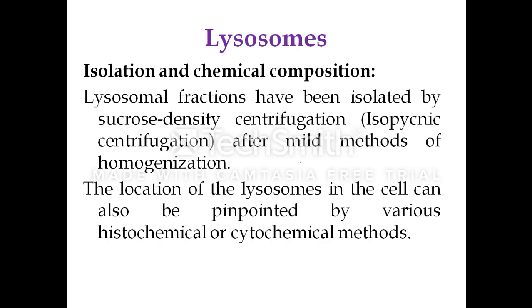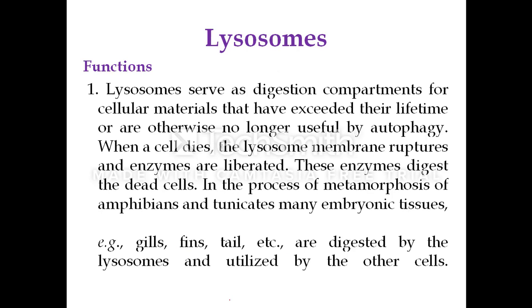The location of the lysosome in the cell can also be pinpointed by various histochemical and cytochemical methods, because this is a bag of hydrolases, and specific enzymes can be used as histochemical markers to locate these lysosomes. For example, lysosomes react positively with the acid Schiff stain, and certain enzymes are also good histochemical markers.